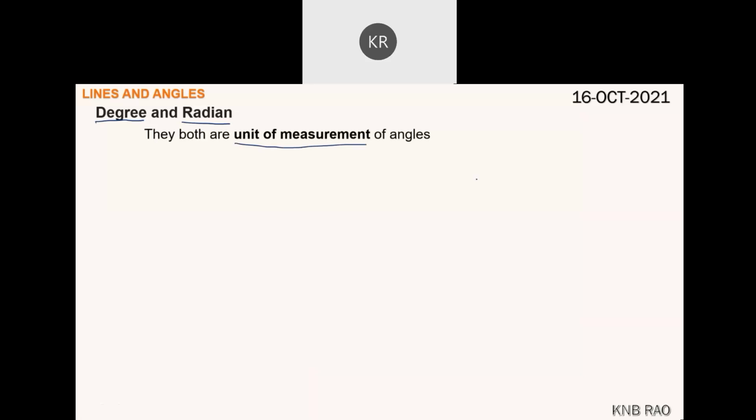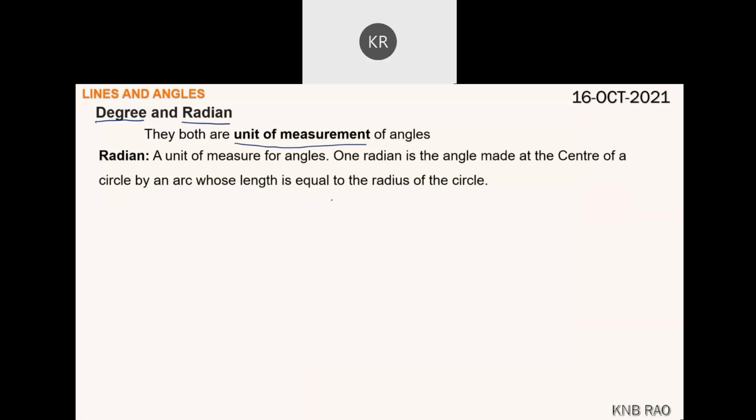One radian is the angle made at the center of a circle by an arc whose length is equal to the radius of that circle.